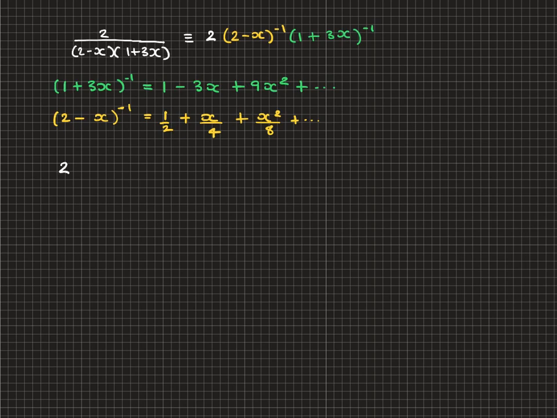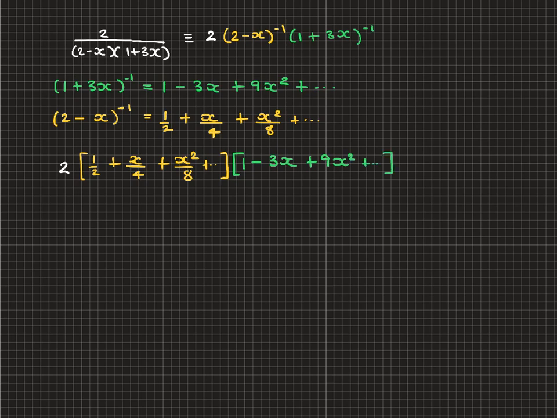So I've got 2. Now for (2 minus x) to the negative 1, I've got a half plus x over 4 plus x squared over 8. Remember, we're only going up to the term in x squared. And we're multiplying by 1 take away 3x plus 9x squared. Stopping there.